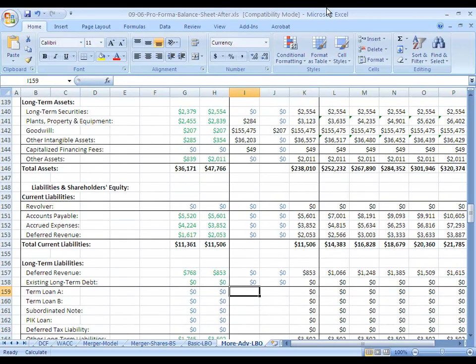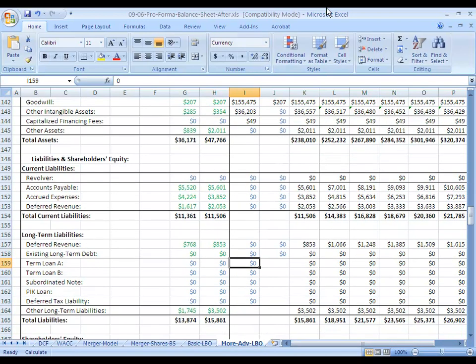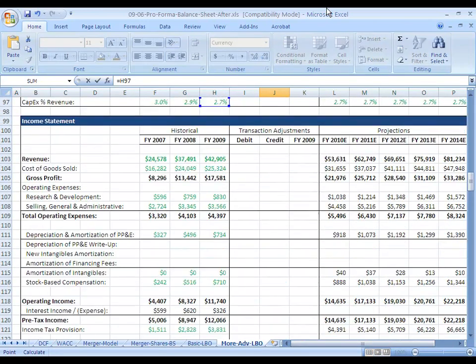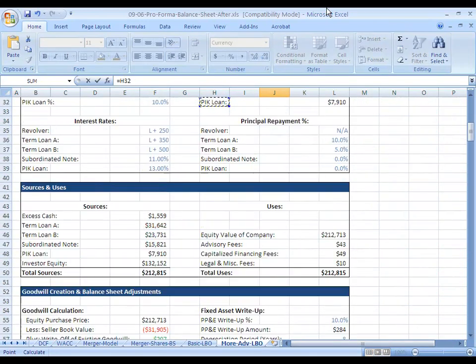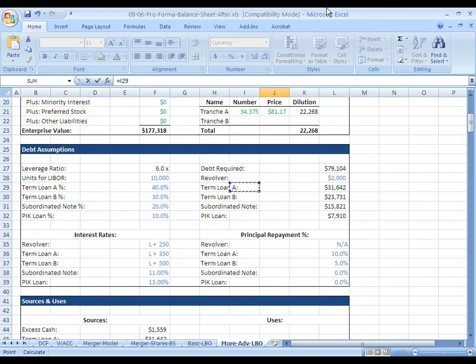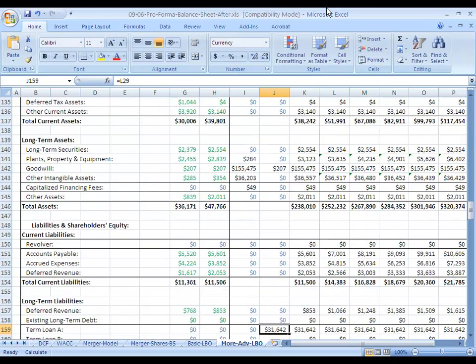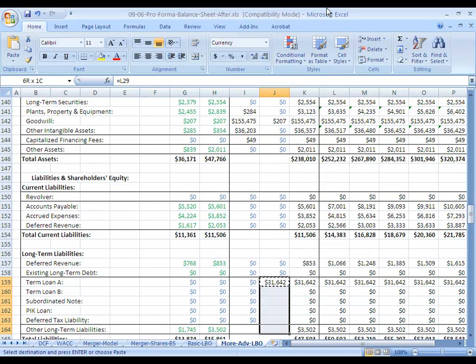So for term loan A, I'm going to say 0 in the first column. Actually, I'm going to say 0 for all these columns. So all these new items, we're not subtracting anything. We are simply adding in all the new debt and the new deferred tax liability. So I'll go up to our debt assumptions to get the term loan A number. Now we'll copy down to get all the way down to the PIK loan.